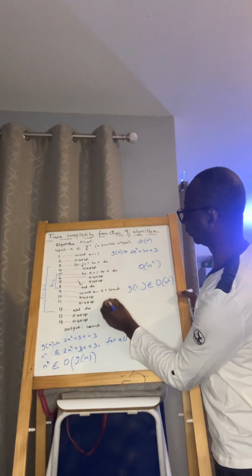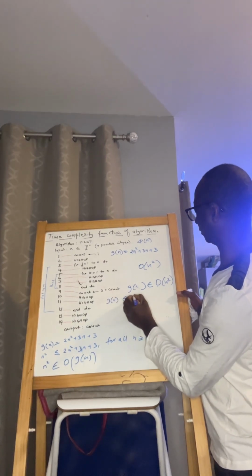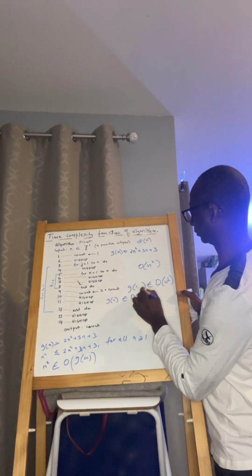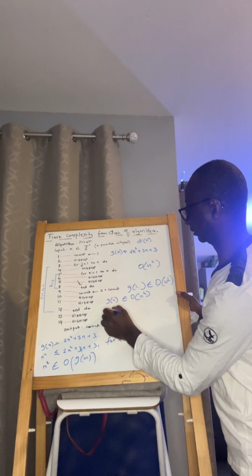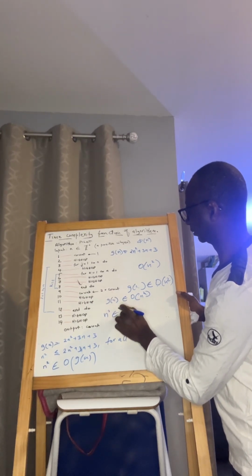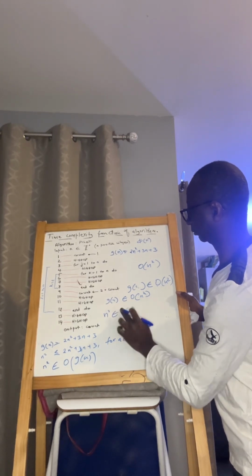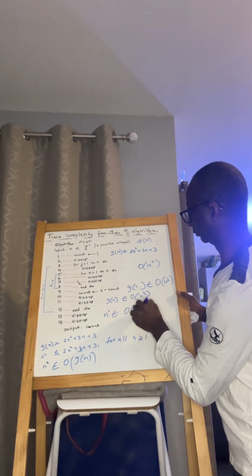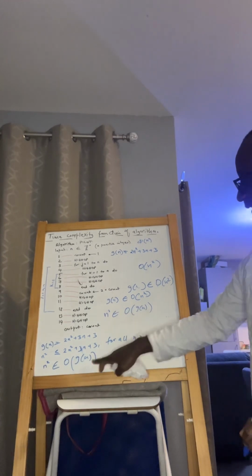Now we're going to prove g of n must be in O of n squared. We have proven n squared is in O of g of n. This is the case we've proven.